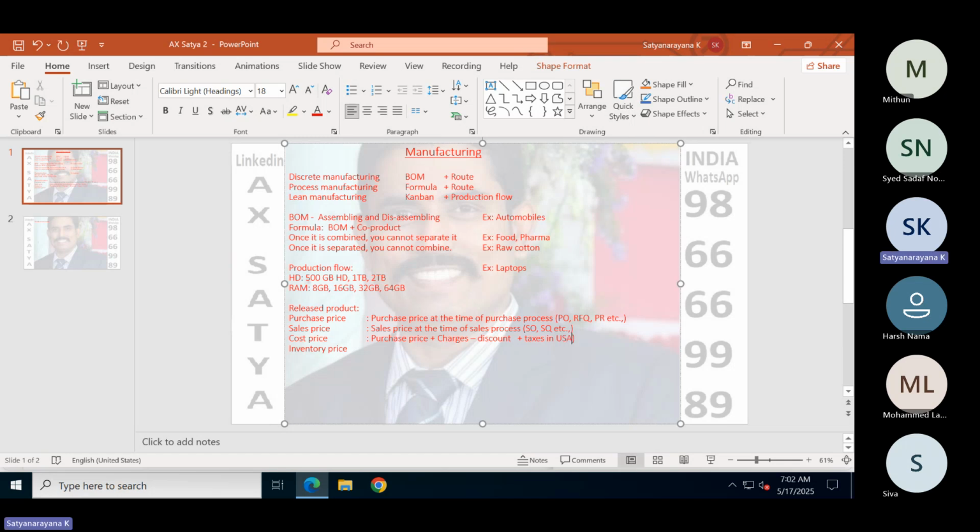If it is USA, it is plus taxes because in USA they are following sales tax taxation rule. That is the reason it will be added taxes to the cost price. Whereas Europe and India, we are not following sales tax taxation rule. We are following value added taxation rule.